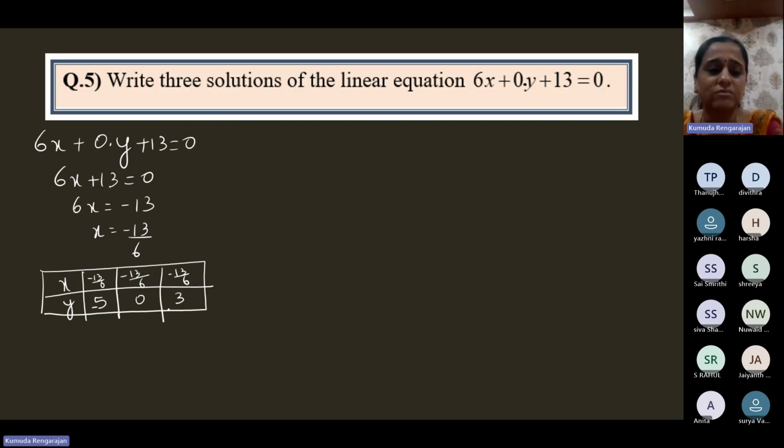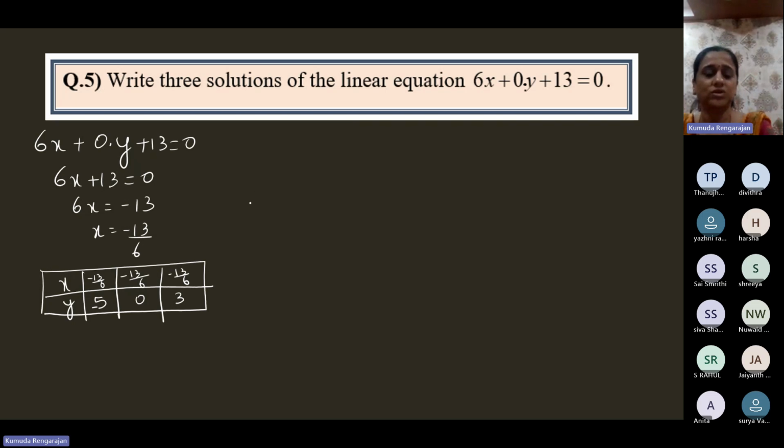X is always minus 13 by 6, irrespective of the value of y. X is equal to minus 13 by 6, no? So x is always minus 13 by 6, no matter what is the value of y.